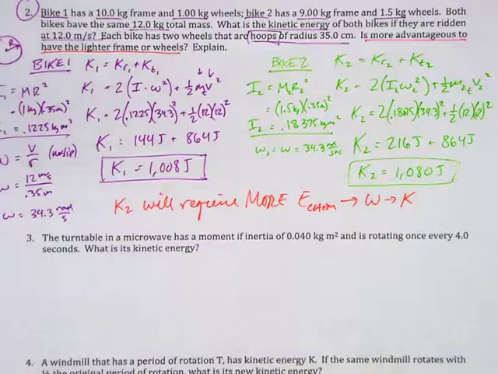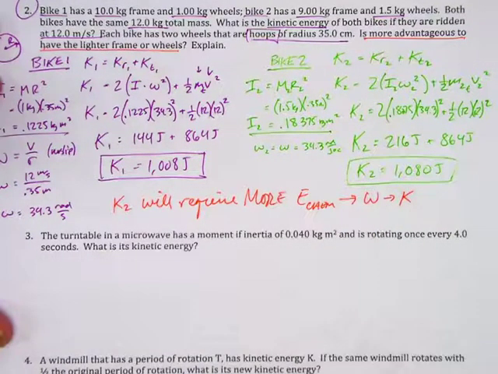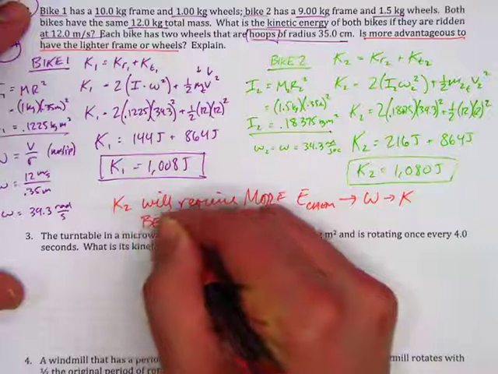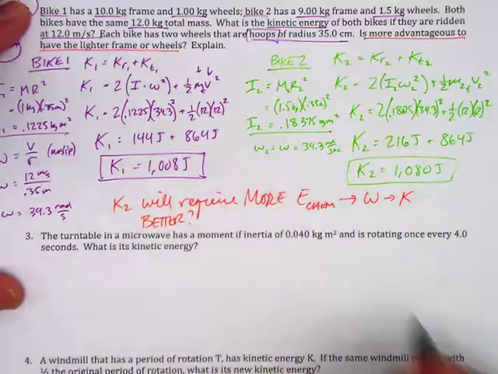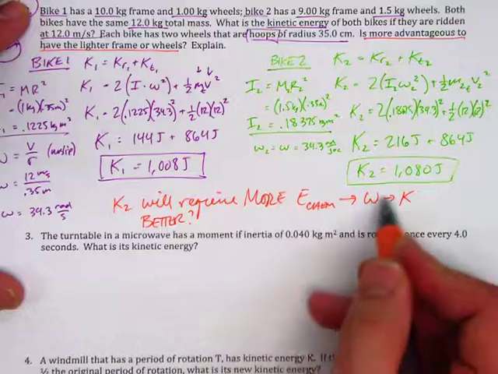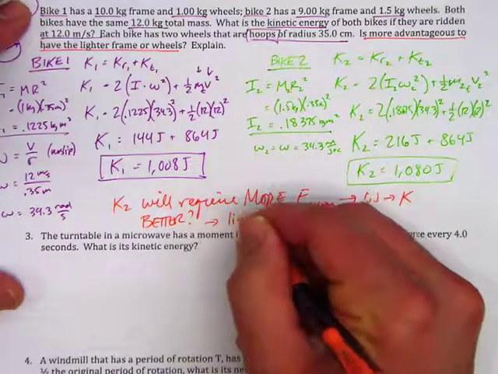So you're going to have to work harder on bike 2 because you're fighting against the inertia of the wheels as well as the inertia of the entire bike than you will have to with bike 1 in order to get the same speed, to get to the same distance. So in general, what's better on a bike in terms of energy transformation, in terms of requiring less chemical energy to convert to the same amount of kinetic energy, it is to have the light wheels.